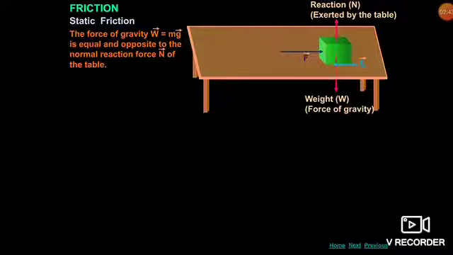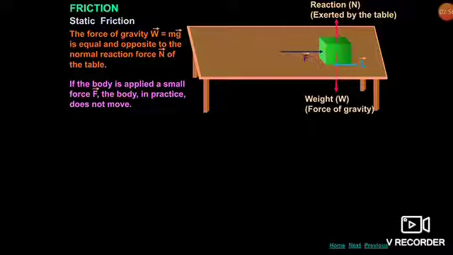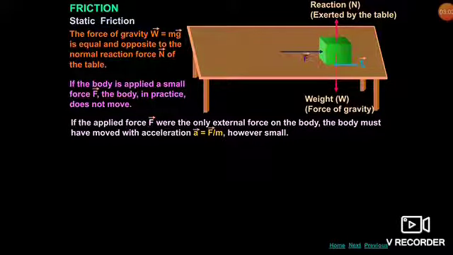Now the force of gravity W equal to mg is equal and opposite to the normal reaction N of the table. If the body is applied a small force F, the body in practice does not move. If the applied force F were the only external force on the body, the body must have moved with acceleration a equal to F by m, however small it may be.